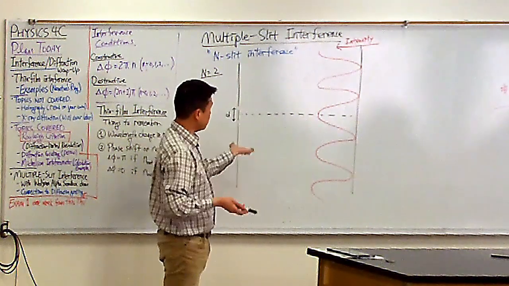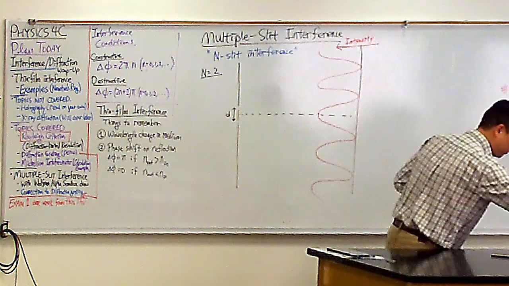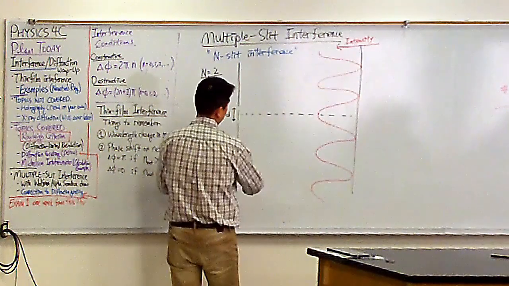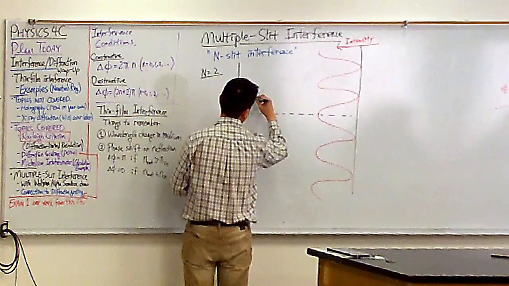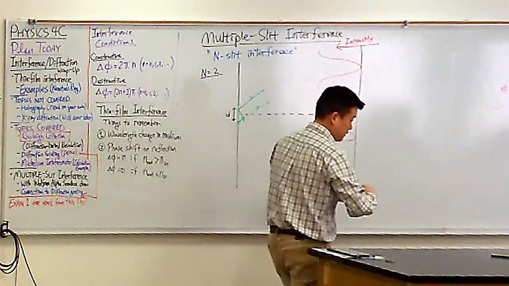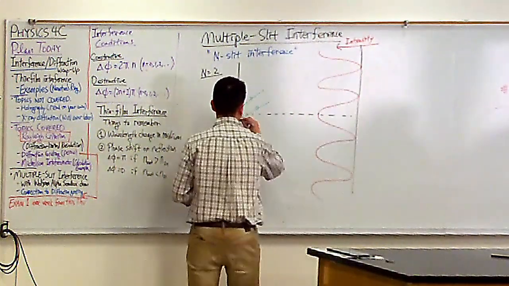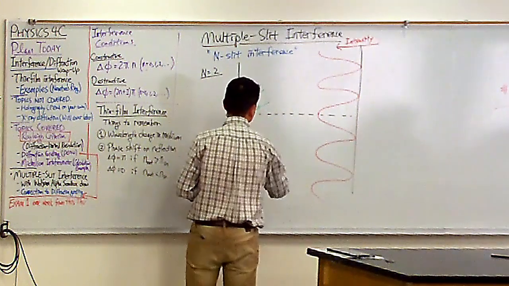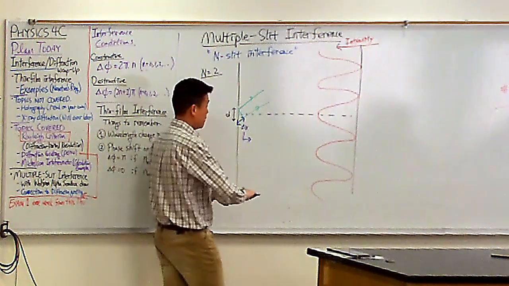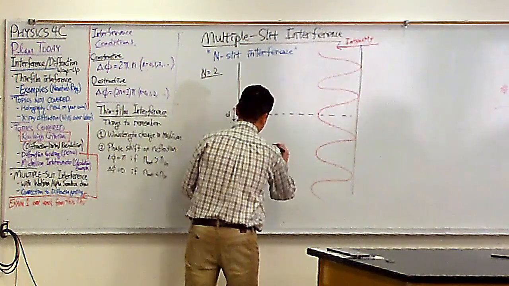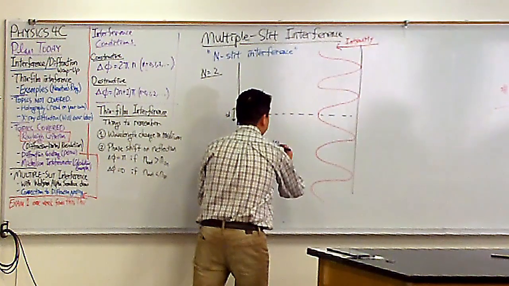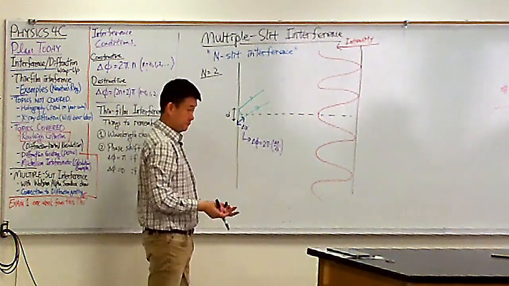And just as a reminder of the geometry that we are considering, for light that's hitting the screen very far away, we could consider these rays as being essentially parallel. So we are looking at this path length difference, delta x. This path length difference led to a phase difference, delta phi, equal to 2 pi times the path length difference divided by the wavelength lambda, right?